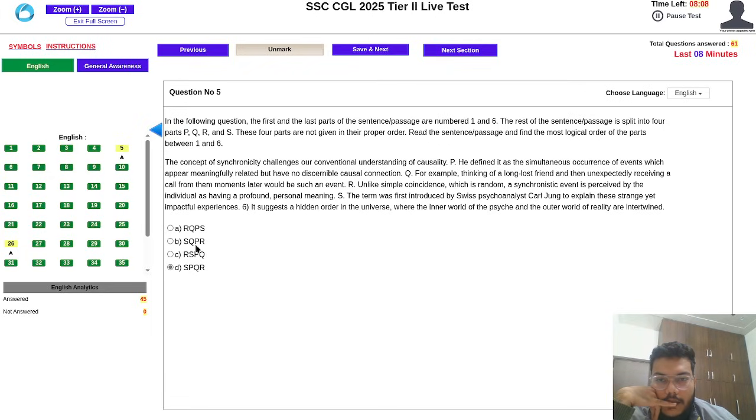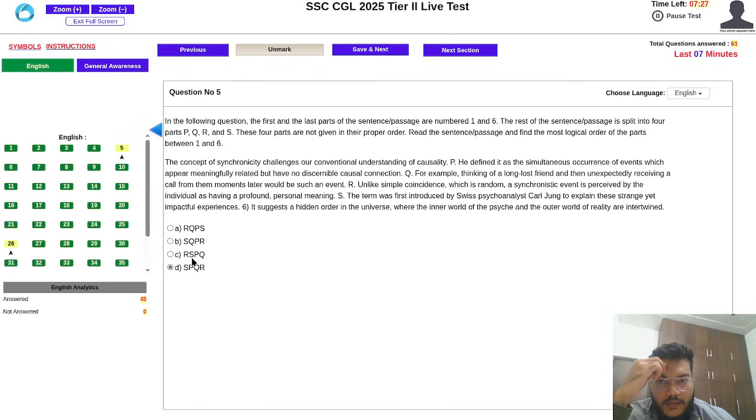The concept of synchronicity challenges our conventional understanding of causality. The term was first introduced by Swiss psychoanalyst Carl Jung to explain these strange yet impactful experiences. For example, thinking of a lost friend and then receiving a call from such an event. Defined it as simultaneous events which appear in connection. The concept of synchronicity challenges our conventional understanding of causality.